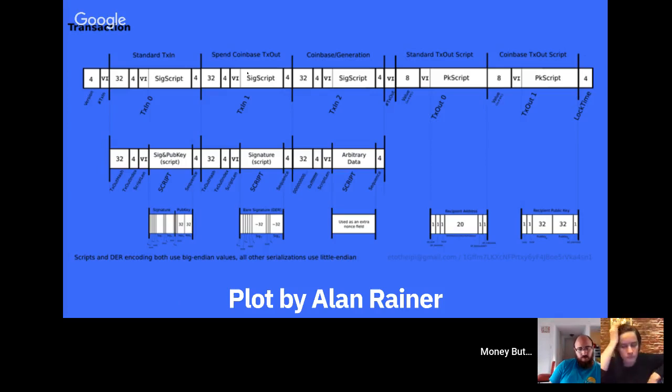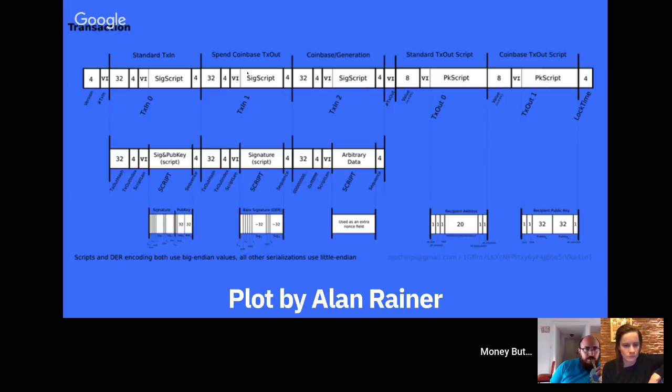What you see in this chart is that the transaction has a number of different inputs and outputs inside of it. And the inputs spend from other places. It starts with a version number, which lists 4 bytes there. That's how long it is. Then you see 3 inputs in a row, and then 2 outputs. It describes what these look like.